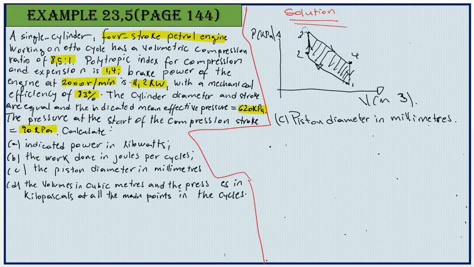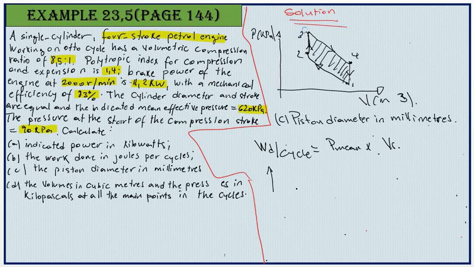The work done per cycle is given by the mean pressure multiplied by the swept volume. So this relation came from the expression used to determine the area of a rectangle.